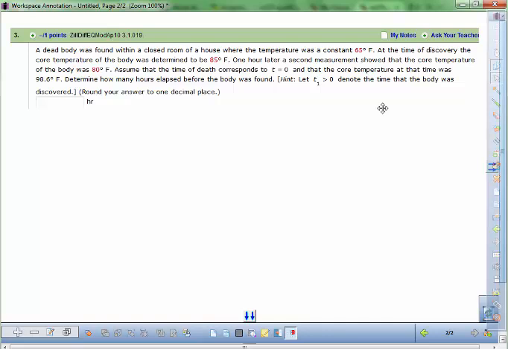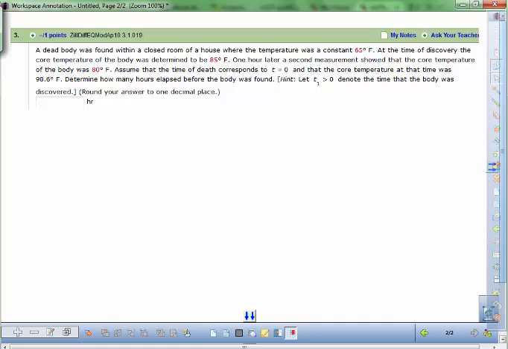A body was found within a closed room of a house where the temperature was a constant 65 degrees. So there's some parameters there that are important for us to be able to use this simple modeling method. Otherwise, it gets a lot more complicated. We had the ambient temperature to be 65 at the home.